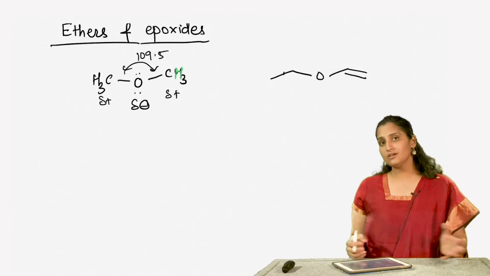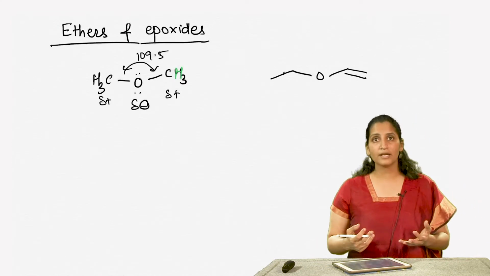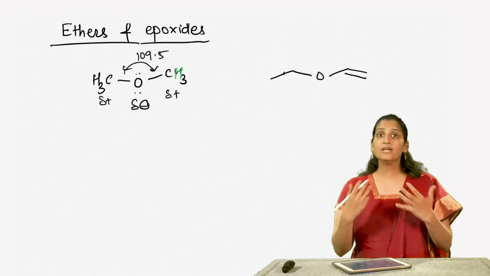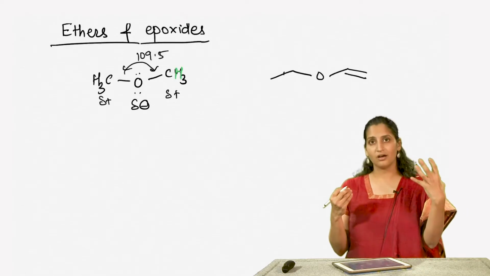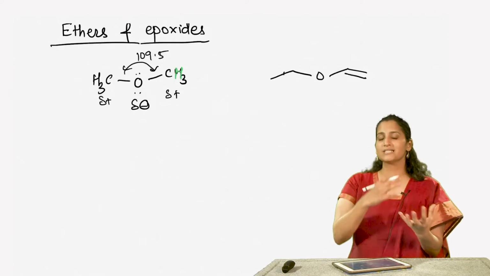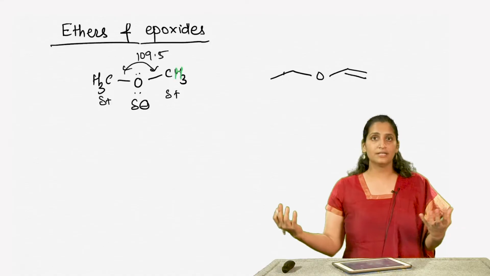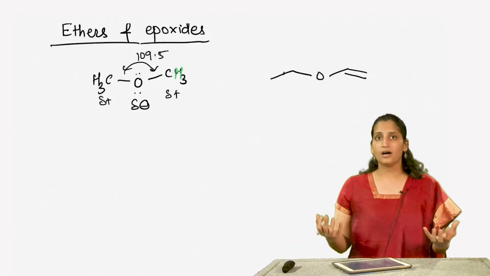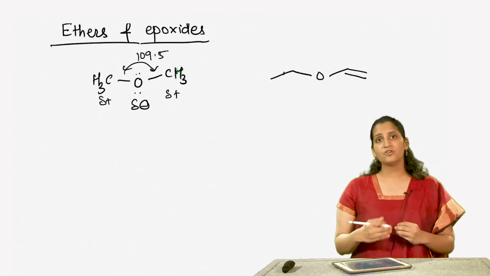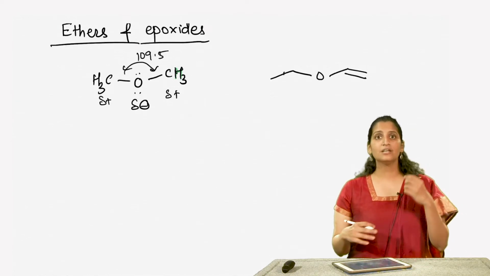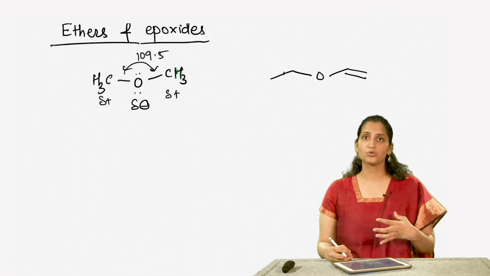So, in the case of ethers, we see no hydrogen bonding and we see very weak dipole-dipole interactions wherein the delta plus charge on one carbon gets attracted towards the delta negative charge on the oxygen of some other ether molecule. So, this lack of hydrogen bonding really results in the lower boiling point of most ethers.